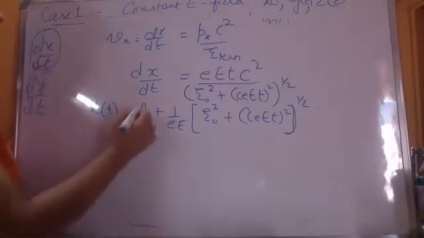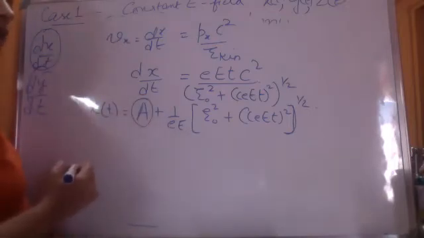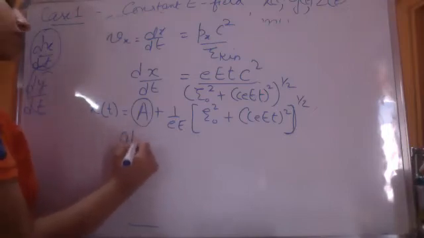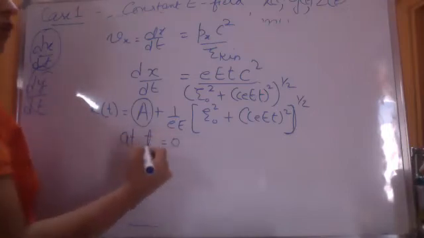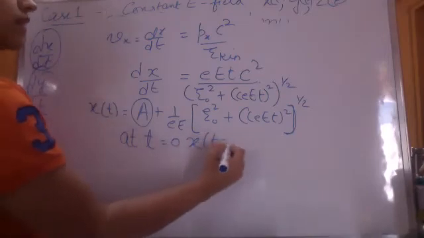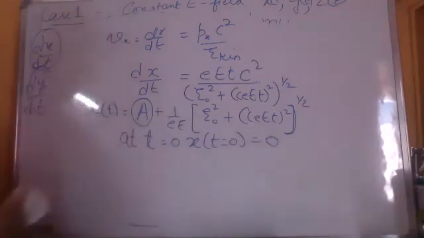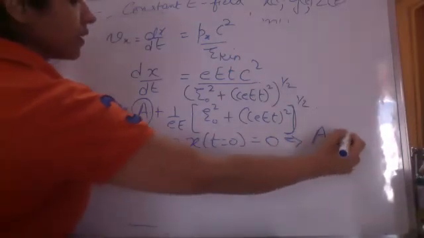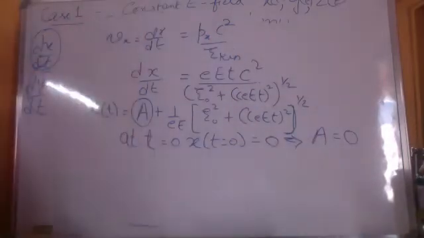Now again, I can fix this constant using my initial conditions. I can always choose my initial condition to be such that at time t equal to 0, my charged particle starts at the origin. So this gives me A equal to 0.